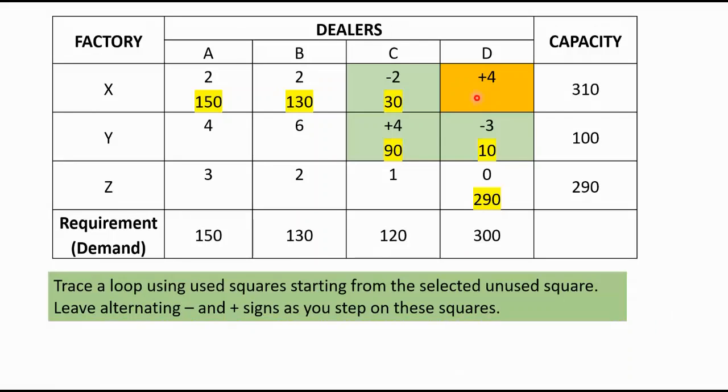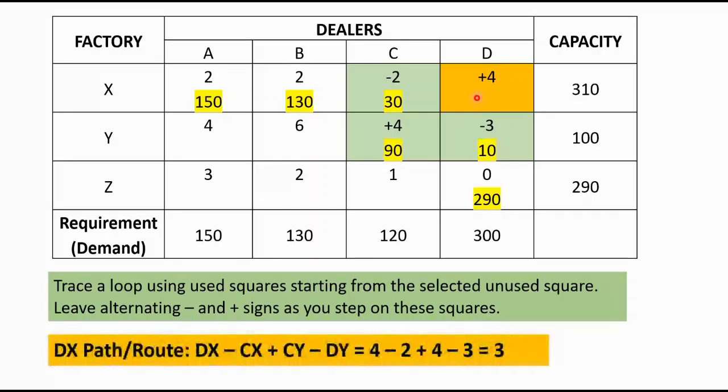So for this loop, we will be calculating the improvement index. So positive DX minus CX plus CY minus DY is equal to positive 4 minus 2 plus 4 minus 3, which equals 3. So since the improvement index is positive 3, that means we don't need to do any revision for this particular loop, meaning it is good to go.